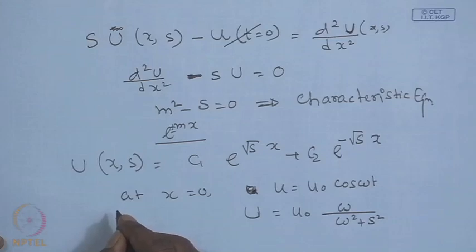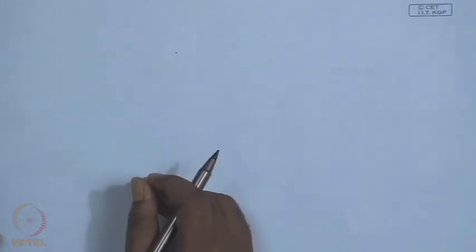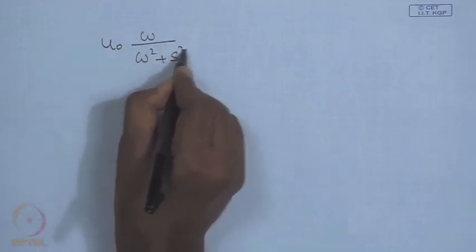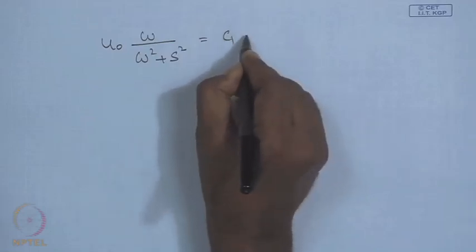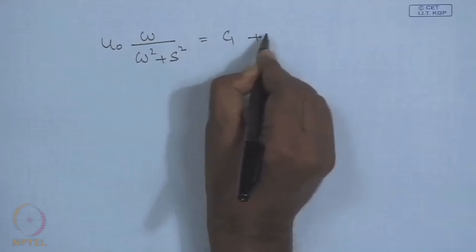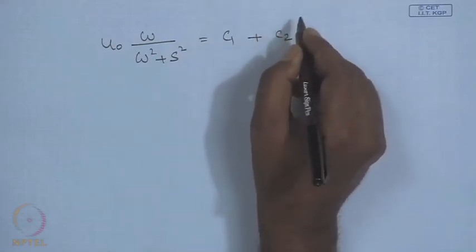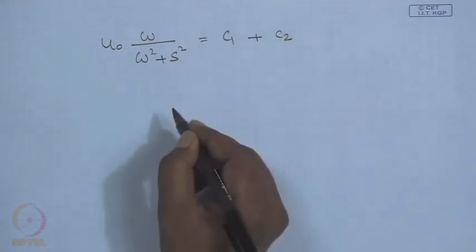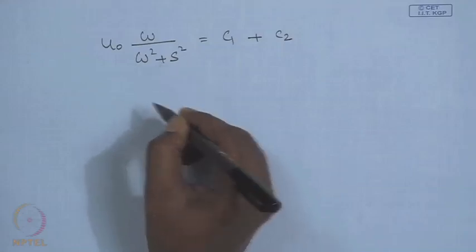So, this will be the Laplace transform domain. If we put this equation here, then put x is equal to 0, this becomes u naught omega divided by omega square plus s square is equal to C1 plus C2. Then we can have C1 plus C2 equal to this.